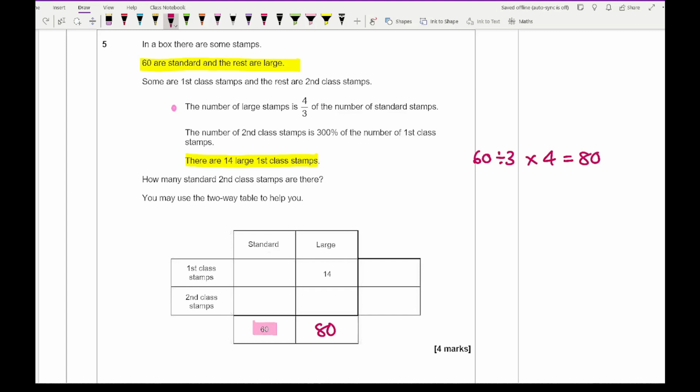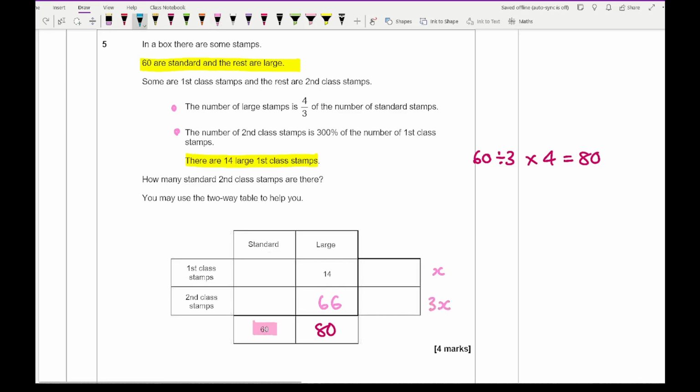And there we go. So from this we can then work out how many second class large stamps there's going to be, which is going to be 66. Now it also tells us that the number of second class stamps is 300% of the number of first class stamps. So if the number of first class stamps is going to be x, then the number of second class stamps is going to be 3x.